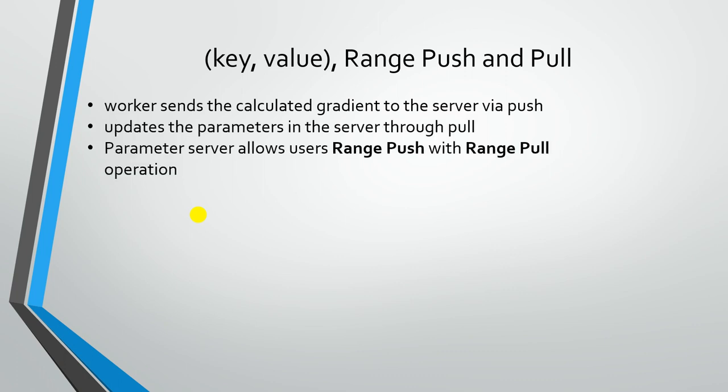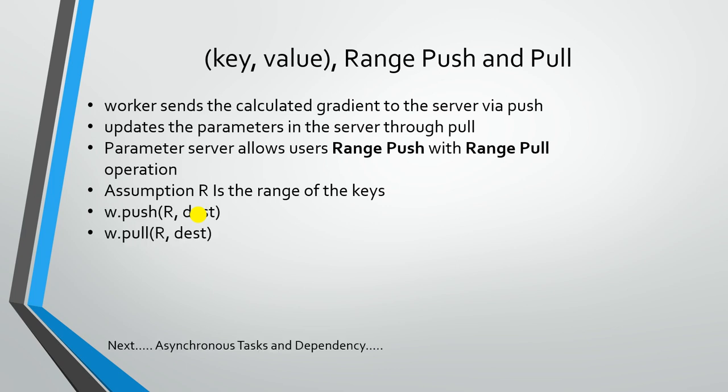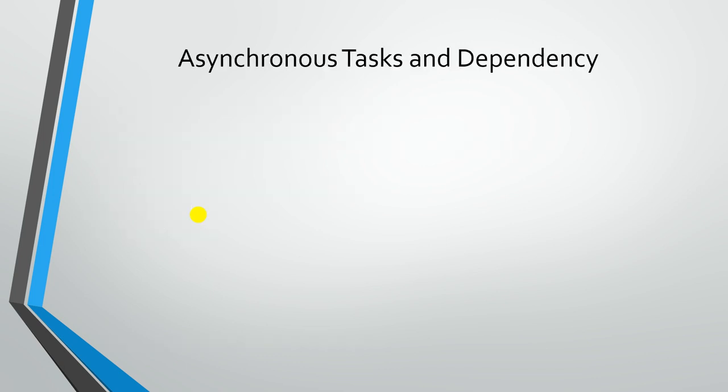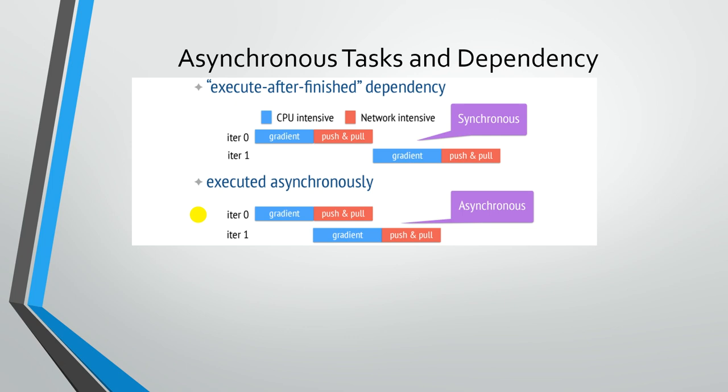Okay, then I'm going to move on to the asynchronous task and dependency. This is the difference between asynchronous task and synchronous task. If iteration 1 needs to be calculated after iteration 0's push and pull are completed, then it is synchronous, otherwise it is asynchronous.